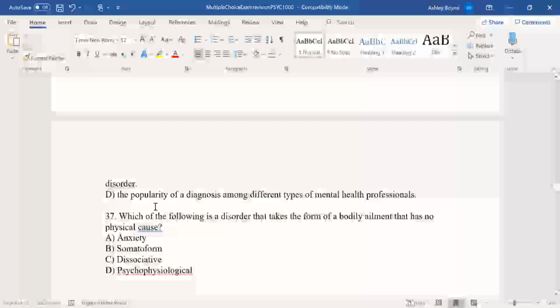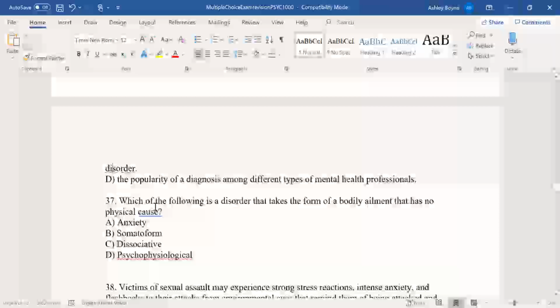Okay, so number 30. Group brainstorming is less effective than individual brainstorming because A, group members may be anxious about being evaluated by others, B, because of social loafing, C, because of social facilitation, or D, group members may be anxious about being evaluated by others and because of social loafing.